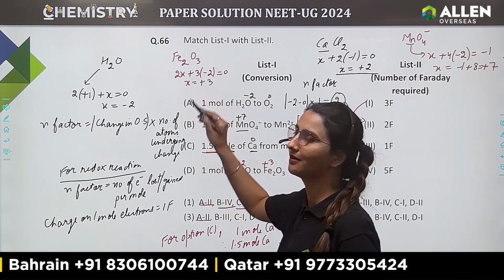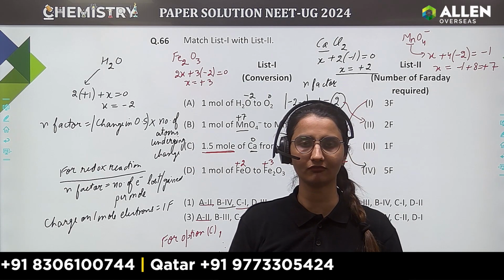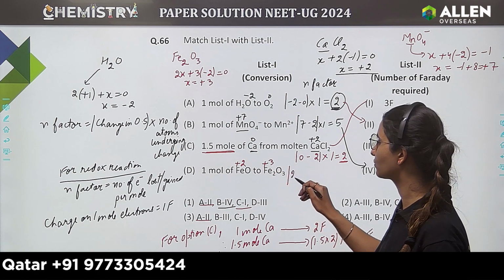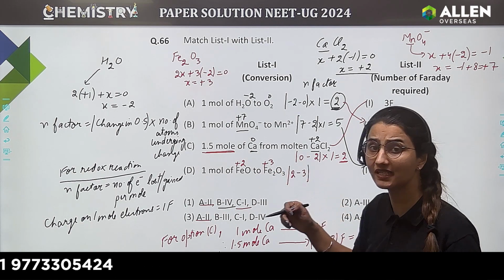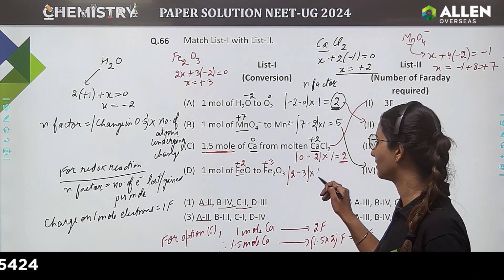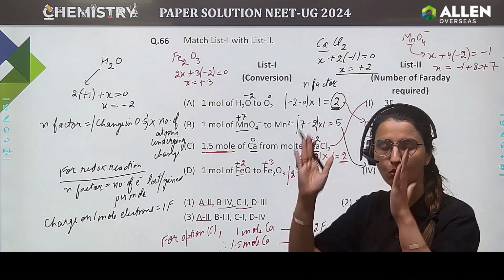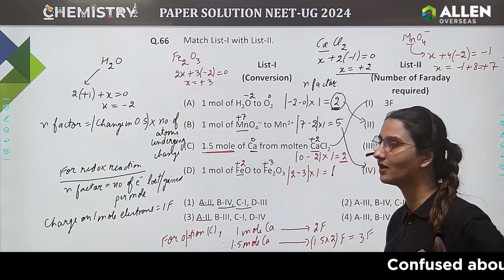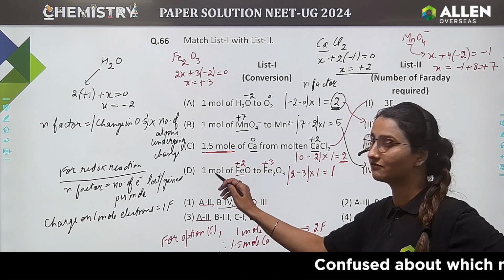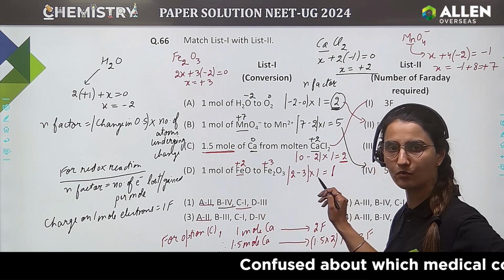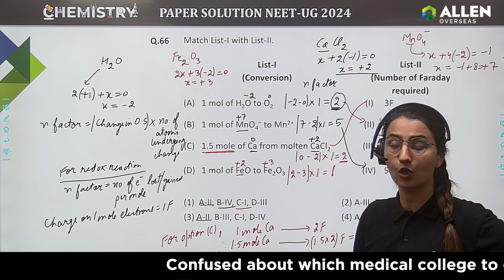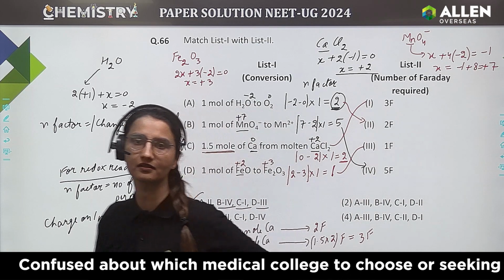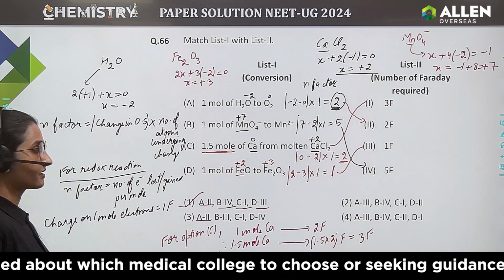It will be +3. So let's find the n factor. It is going, students, from +2 to +3. How many Fe? 1 Fe. So when you take mod of -1, it is +1, right? So total n factor is 1. So dear students, 1 mole requires 1 mole electrons. How much charge? It is 1 Faraday. So option 1. Correct? Too much info?